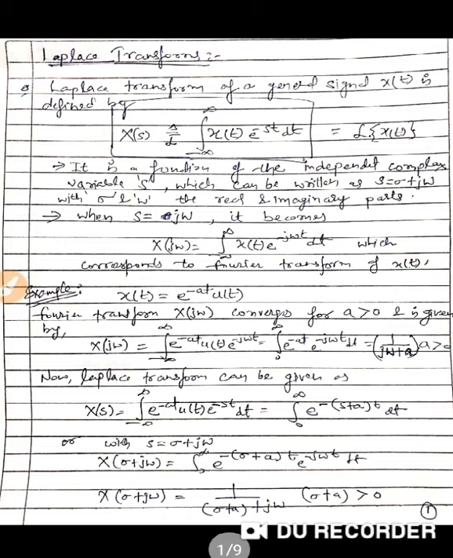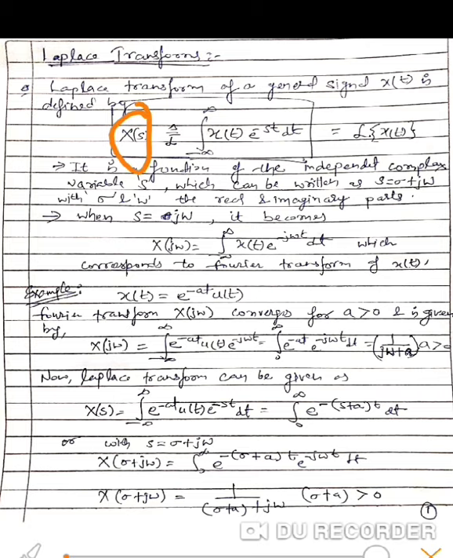Now let's see how we can find a Laplace transform of a continuous signal x(t). x(t) means x is a function of time and it is a continuous signal. So how can we find the Laplace transform of x(t)?